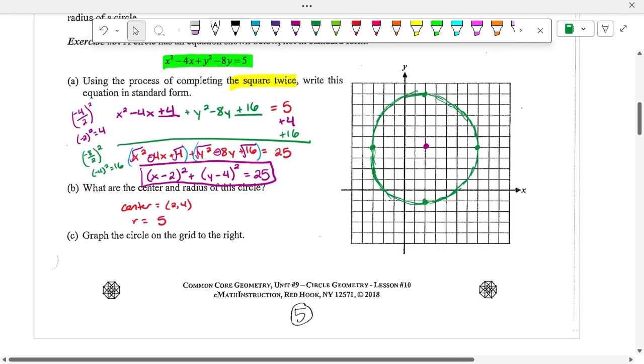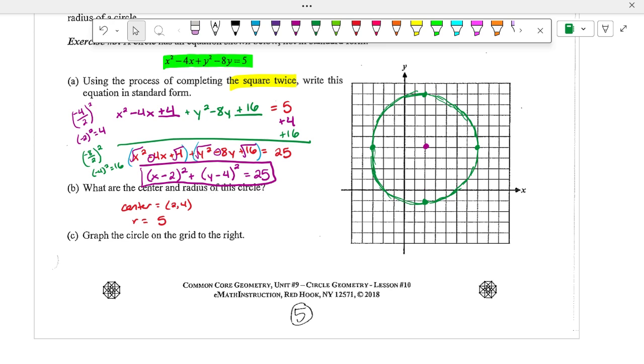All right, any questions on that one? So again, if you got to hand draw it, just do a compass for the radius. So north, south, east, west, that's where you should have a point for each.